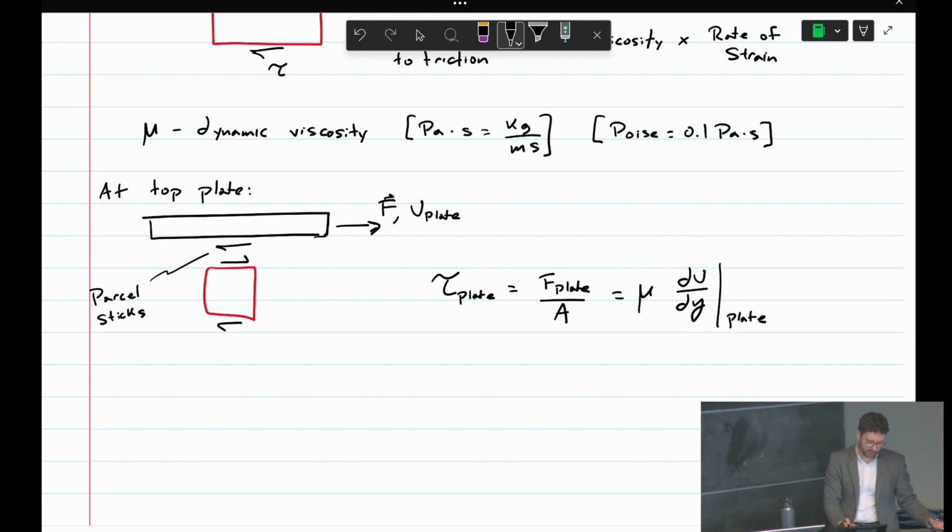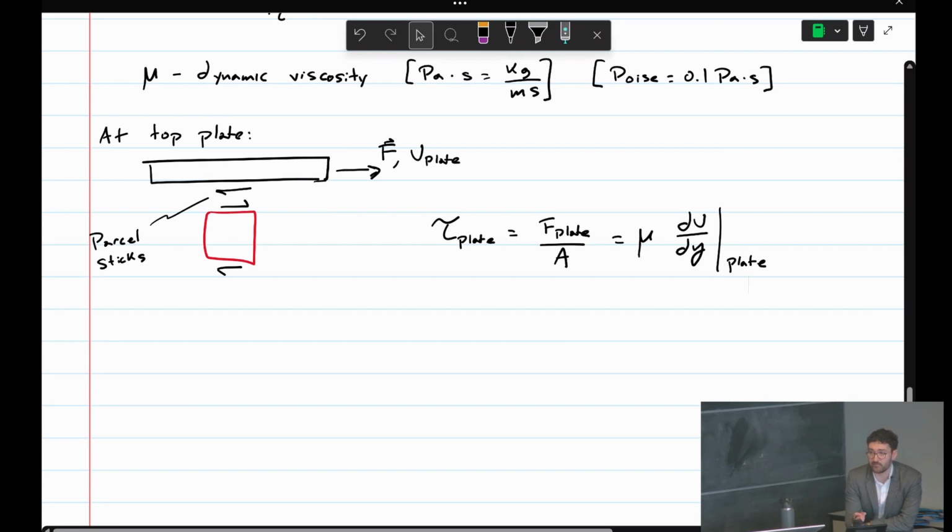So this equation here, the shear stress on that fluid parcel at the top plate, we know that's still mu du dy by Newton's hypothesis. We also know that stress is force over area, so that force is applied over the area of the top plate. We can now calculate the force it would take to drag a plate of certain area at a certain velocity. This du dy plate is the velocity gradient at the top plate. For our linear velocity profile, that du dy is constant, a constant slope.